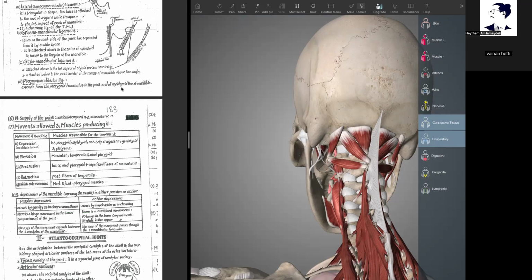Okay. And the last point about this joint is the muscles.